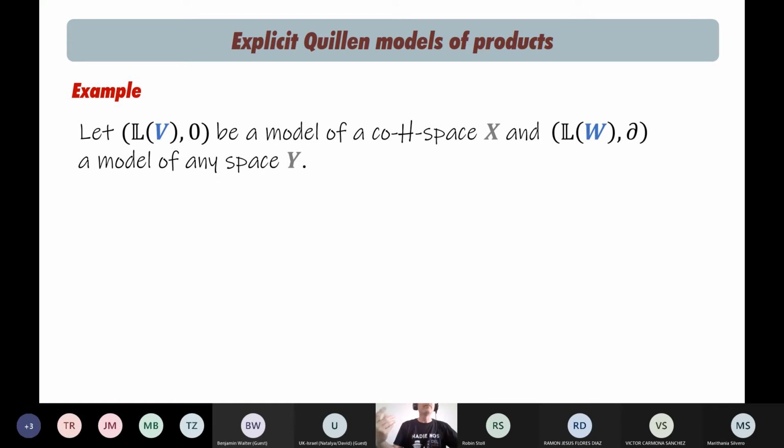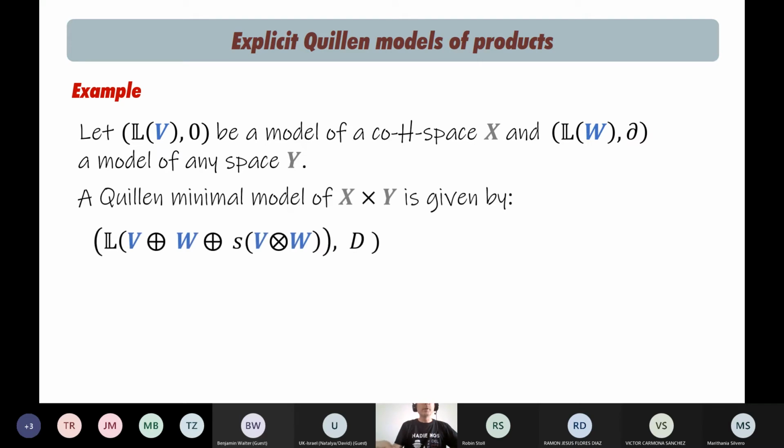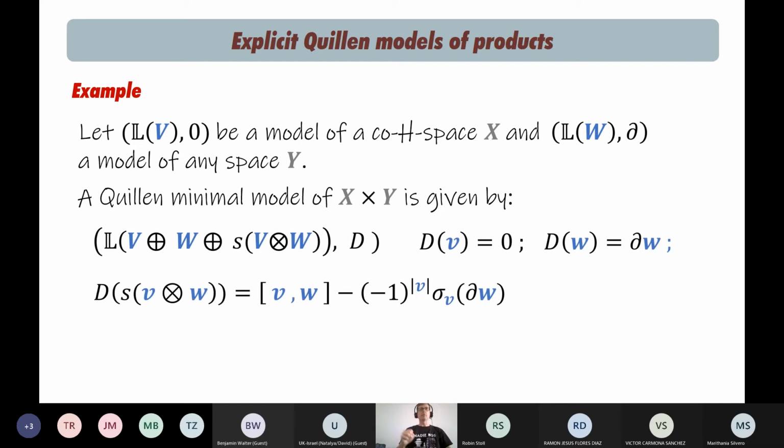So if we have a Quillen minimal model with 0 differential and any other Quillen minimal model, then the product can be described by this formula, where this sigma V is a derivation, which on a generator is simply sending the element to the suspension of V tensor W.